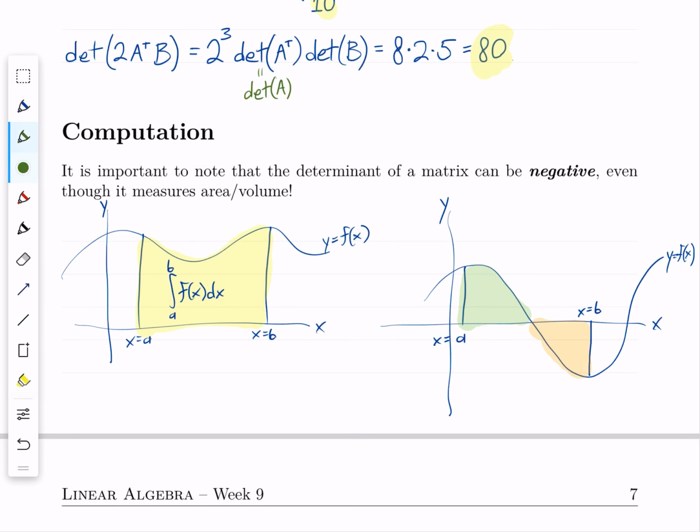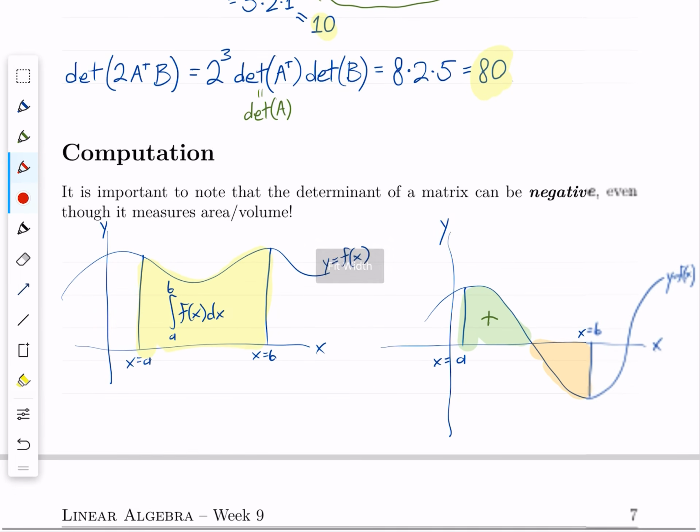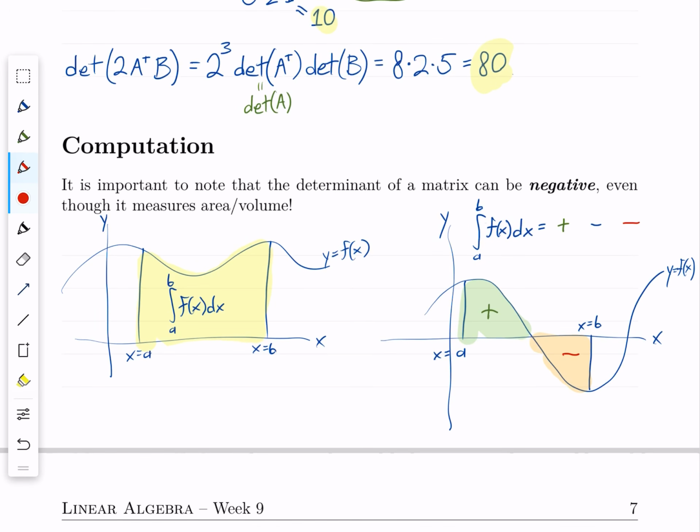Remember, it's a signed difference of positive areas minus negative areas, or areas below the x-axis. So in this case, you would have the integral from a to b of f of x dx equals that positive area minus the negative area. Right? And something similar happens with determinants.